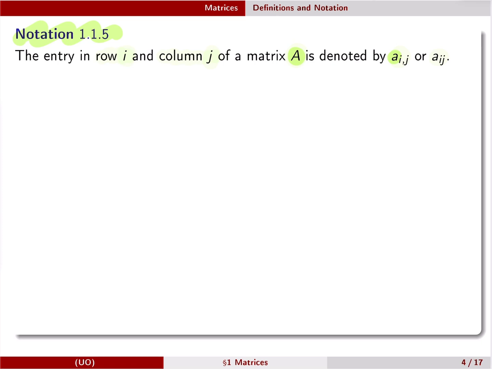So if you have an entry on the ith row and the jth column, we're going to write that entry as small a_ij, or if there's no confusion about size and we don't need the comma, we're going to simply use a_ij. So the symbol a_ij, small lowercase a, means the entry of the big matrix A on the ith row, jth column.